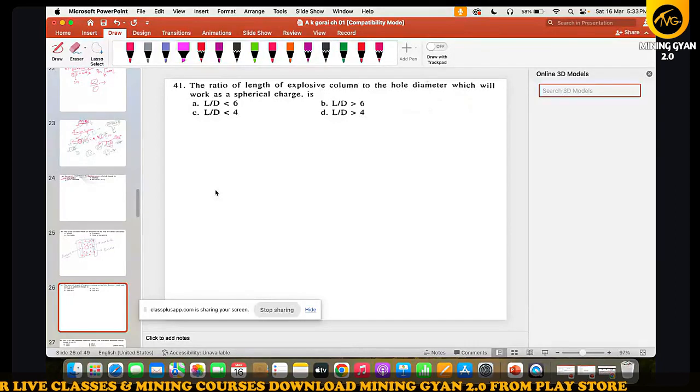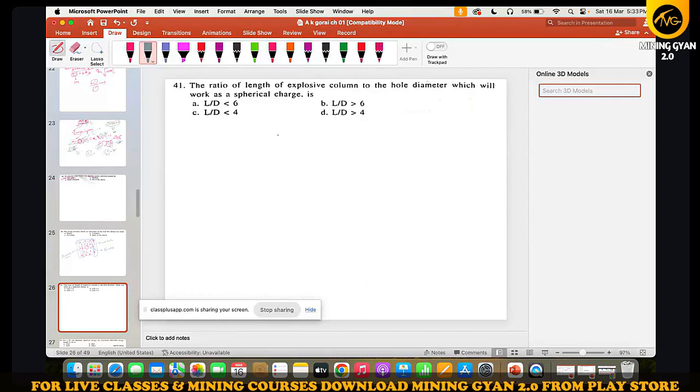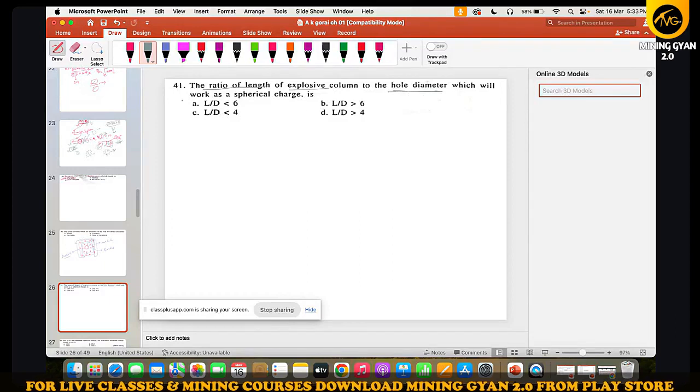Okay, so the ratio of the length of the explosive column and the hole diameter, which will work as spherical charges.